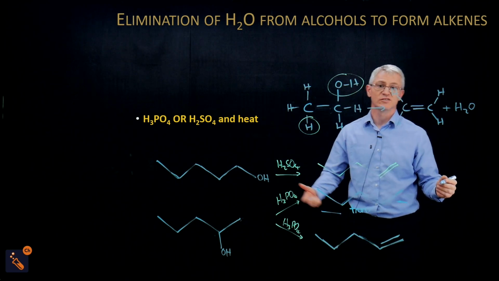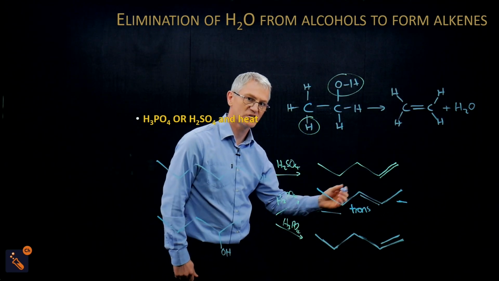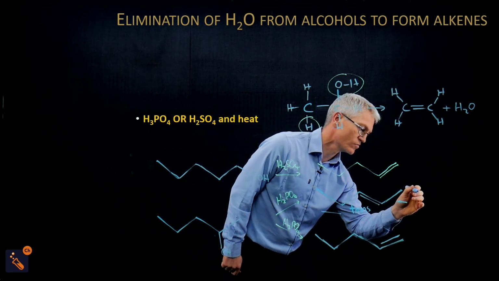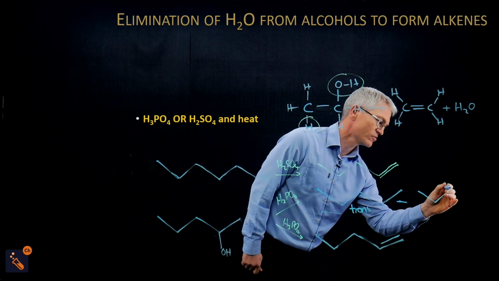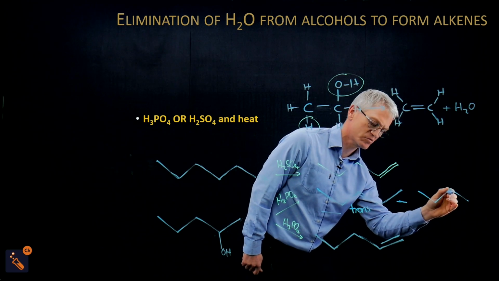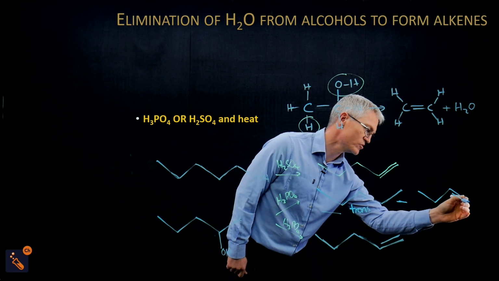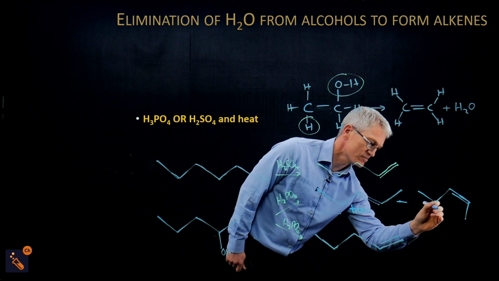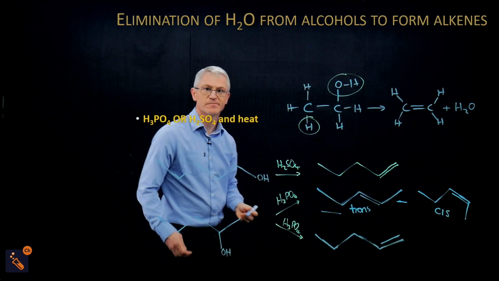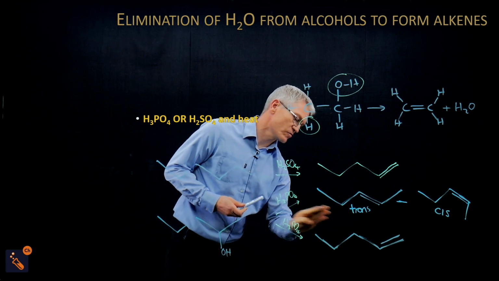Now, can you draw the cis? Let's try and get out of the way. So here we go. We're going to go down, up. Done that bit. Then we can go across, and then instead of pointing this up, we're going to point it down. And that is going to be our cis. Let's get rid of these little things here.